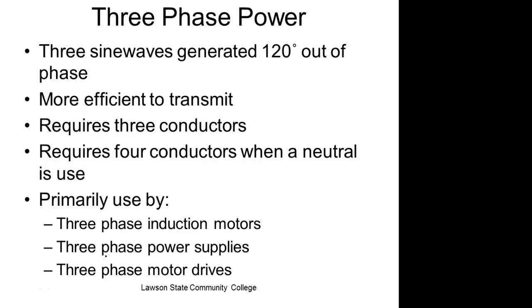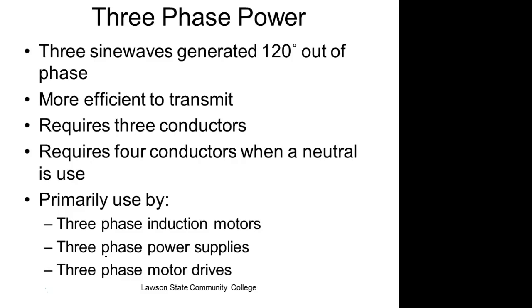Three-phase power. This is what Alabama Power transmits, and we'll look at why. Three-phase power has sine waves that are 120 electrical degrees apart. It's more efficient to transmit. It requires 3 conductors, whereas sending single phase requires 2. So to transmit 3-phase, all I have to do is add another conductor.